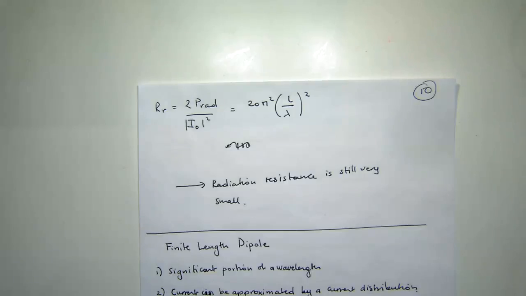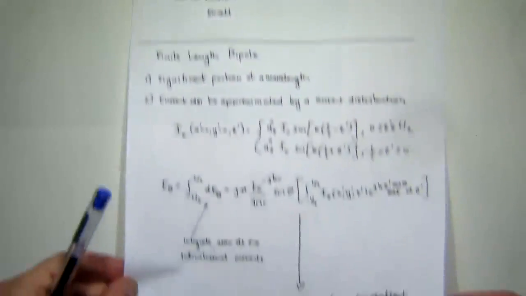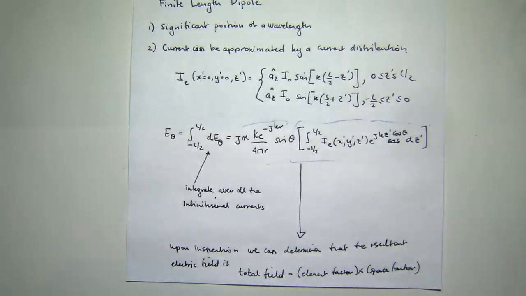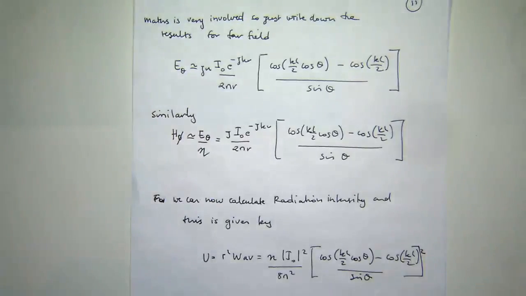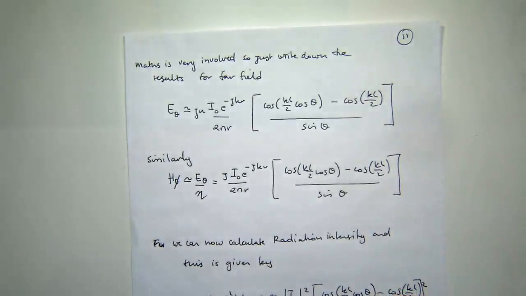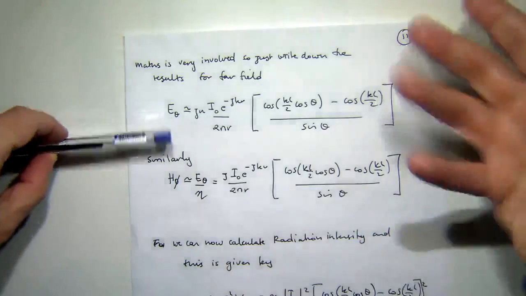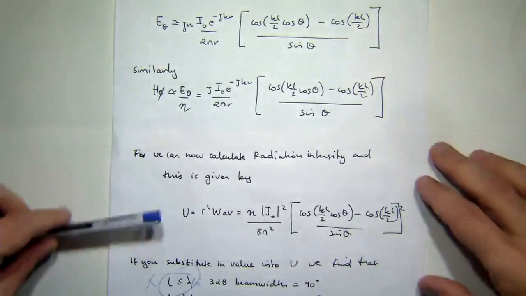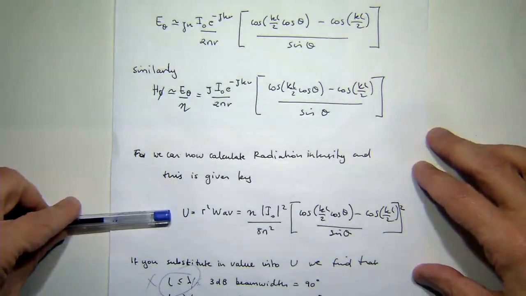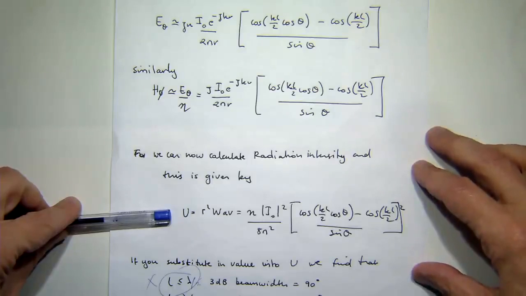Then we said, oh, okay, great. What happens under the circumstances where we now have a dipole which is a significantly larger portion of a wavelength? And again, with a little bit of hand waving, because the mathematics gets relatively complex very, very quickly, I just showed you what the electric and magnetic fields are, and also what the radiation intensity for this particular finite length dipole is as a function of its length.